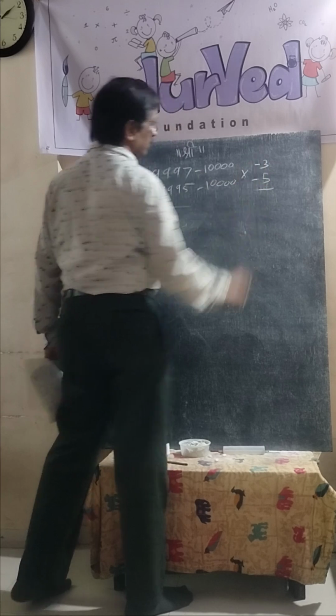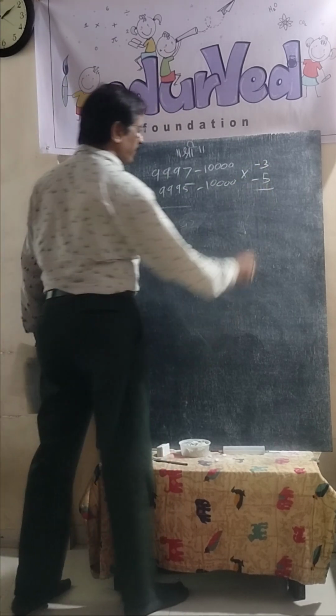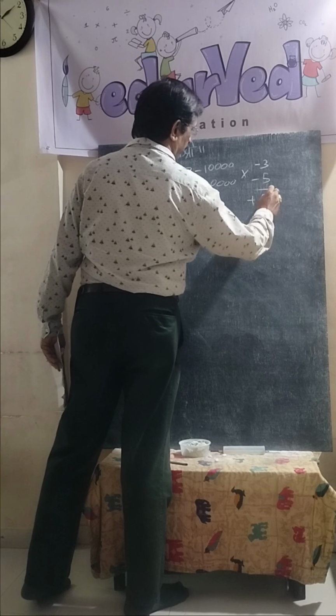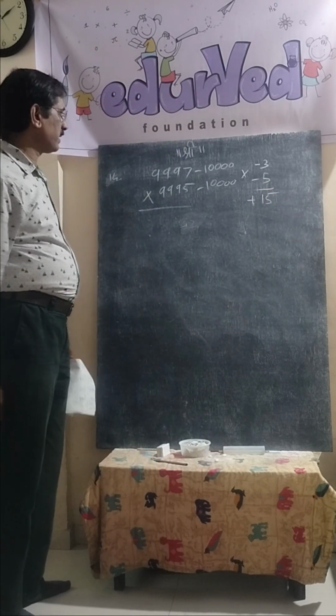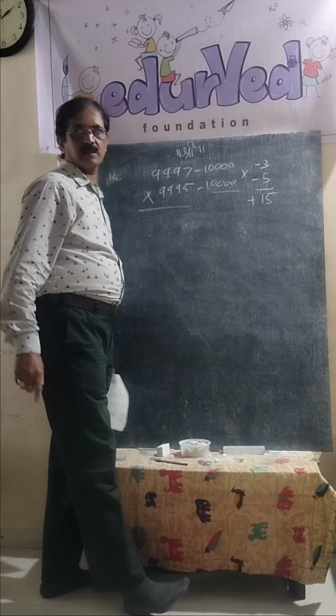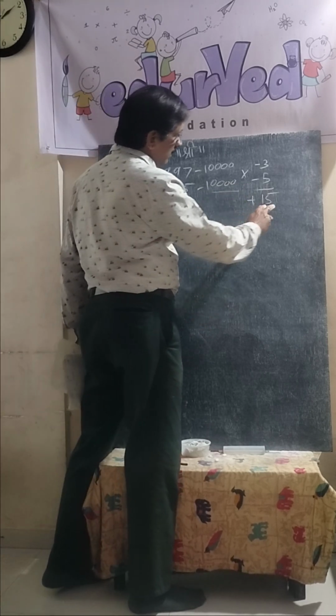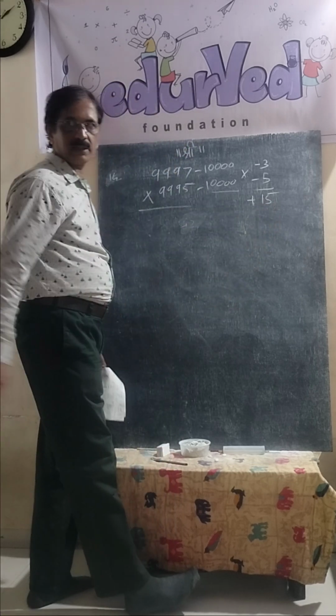Next step is multiplication of these two numbers. 3 fives are 15. That will be 15. Now the important thing over here is the base number here is 10,000, so you have 4 zeros. Here we get only a two-digit number.